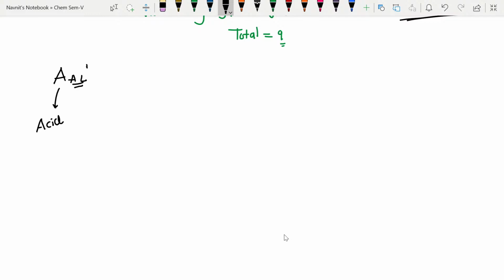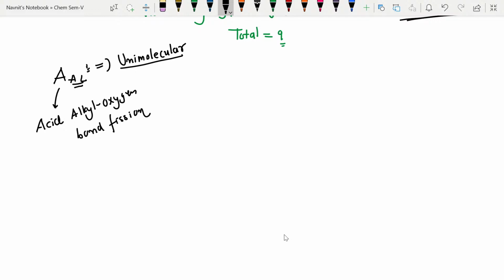AL means alkyl oxygen bond fission. And 1 stands for unimolecular.